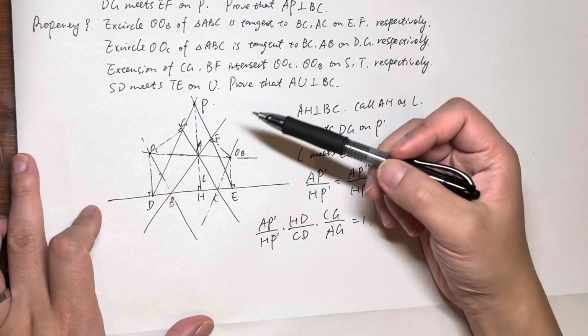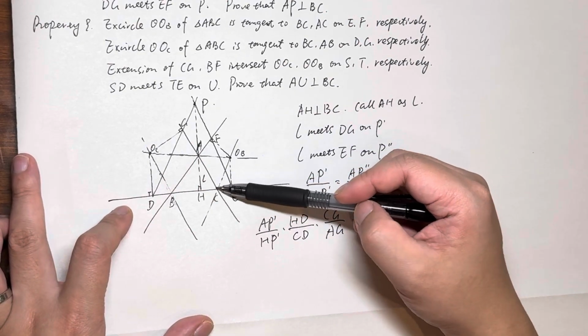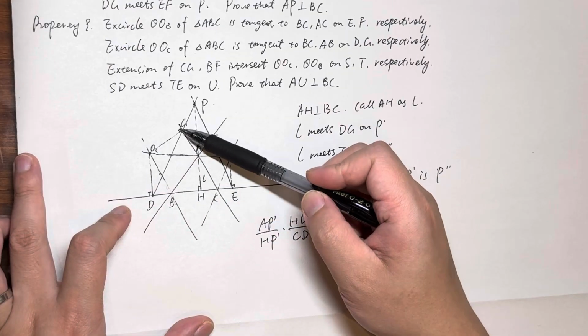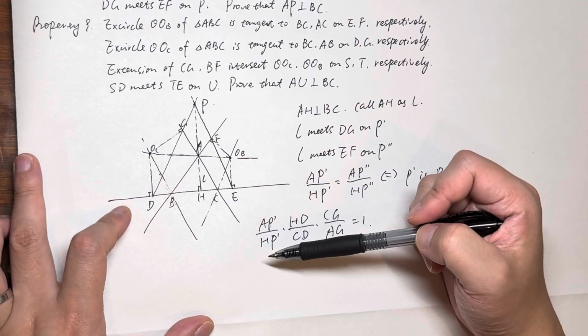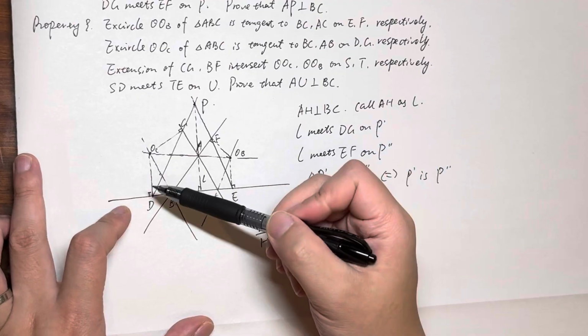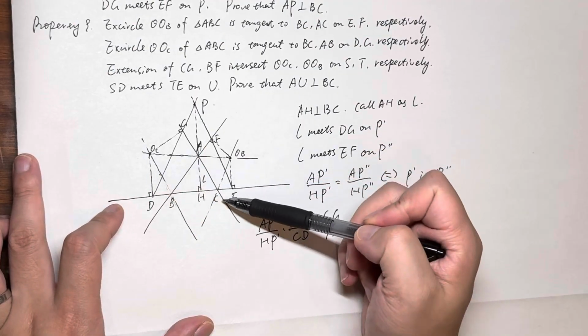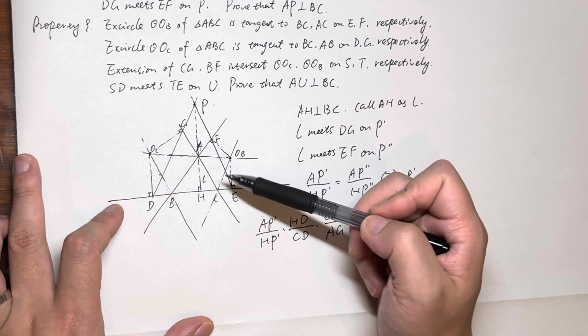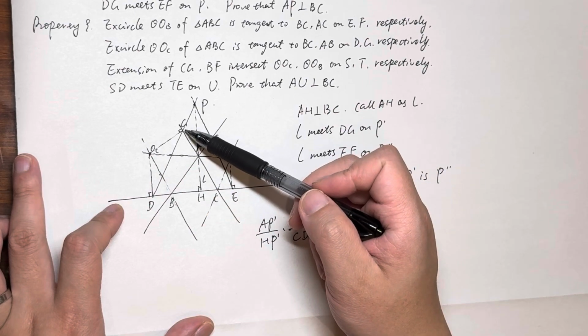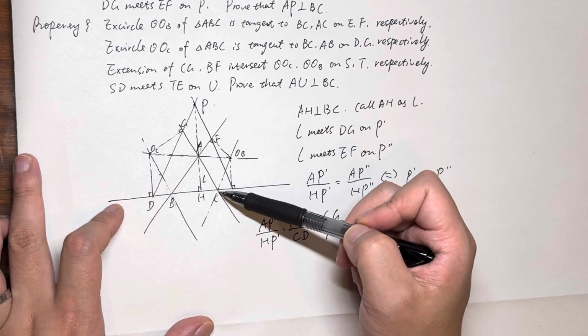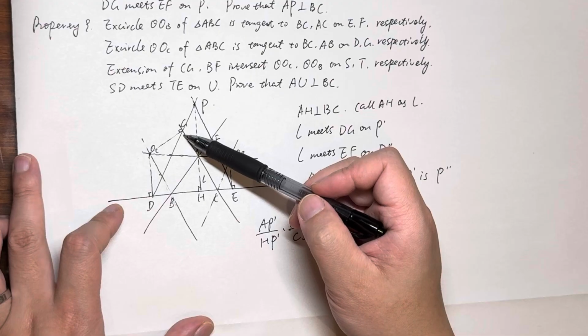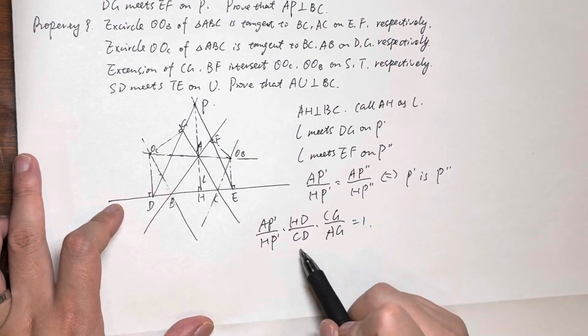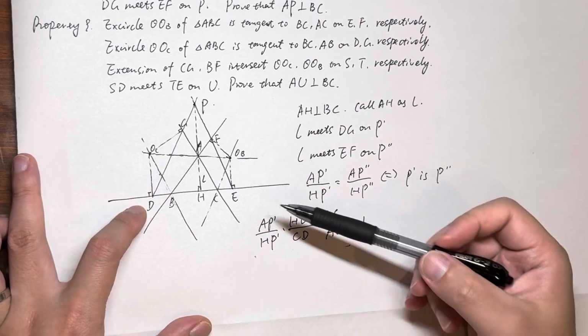You may ask why I choose triangle AHC and line DGP. If you look here, we know that CD is a tangent line of circle OC, and CG is a tangent line of circle OC. That means CD and CG are equal.